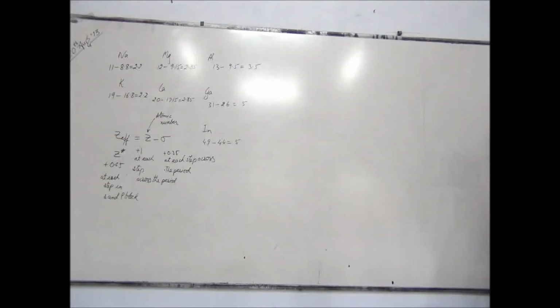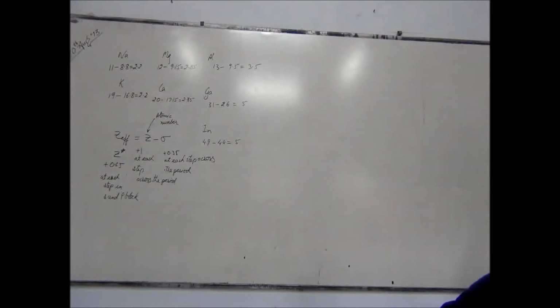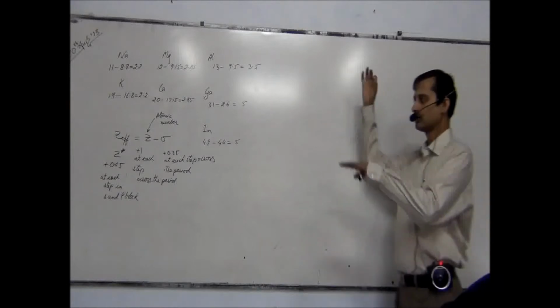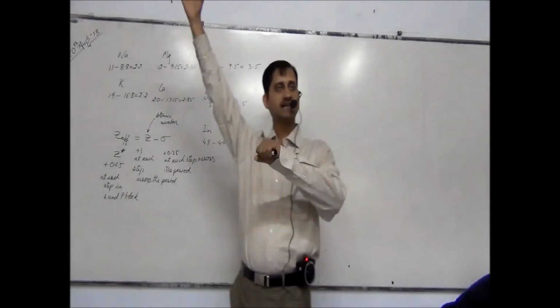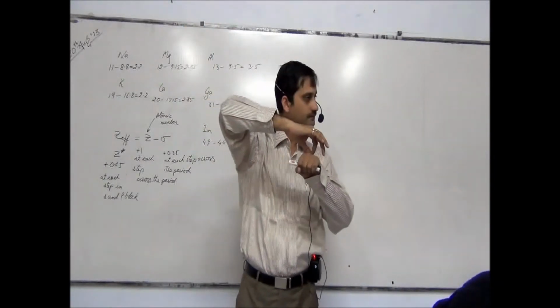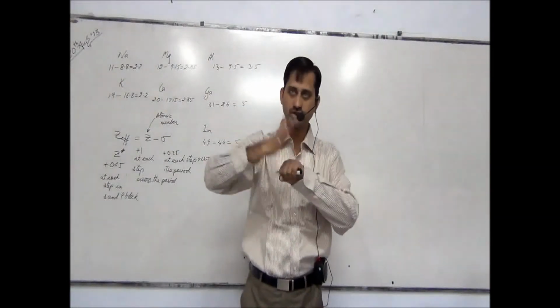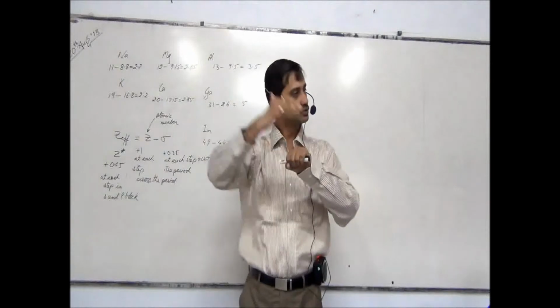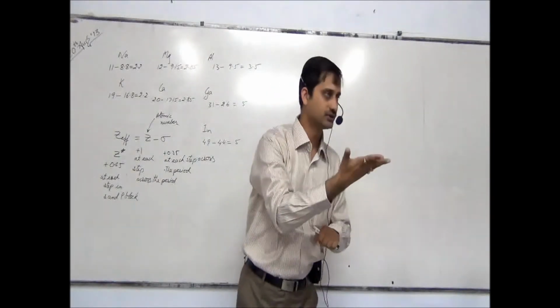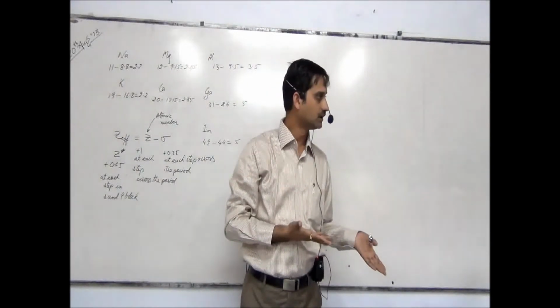Then, the third thing happens to be electron affinity. Now what is electron affinity? When we add an electron to the atom, it is something like we are adding a negative and a positive. So when the negative moves towards the positive, which is the effective nuclear charge, it is going to release energy. And we have talked about that in the formula.